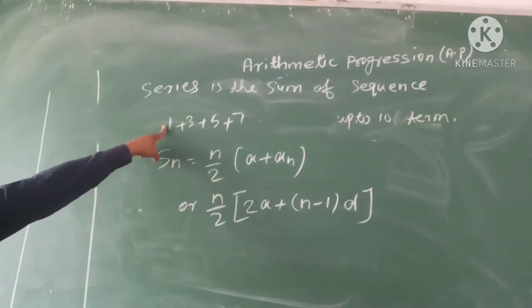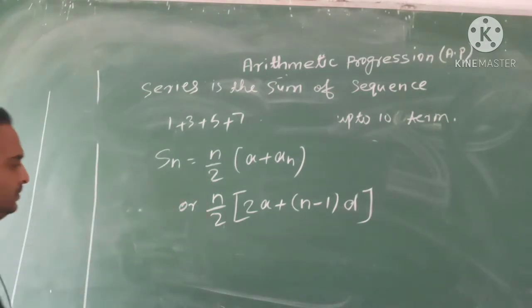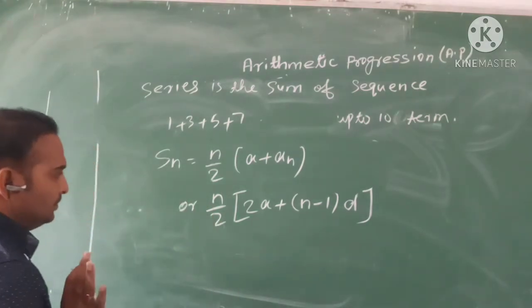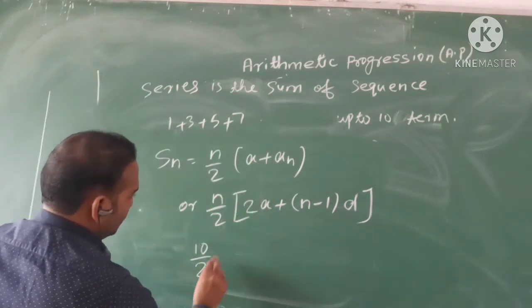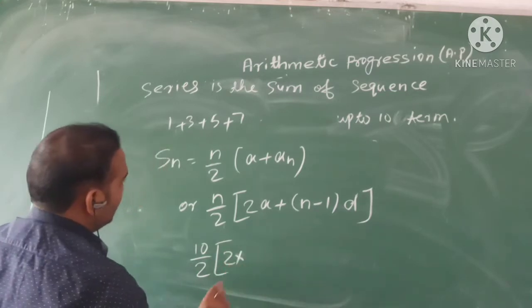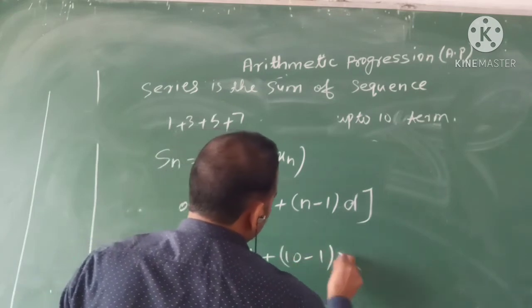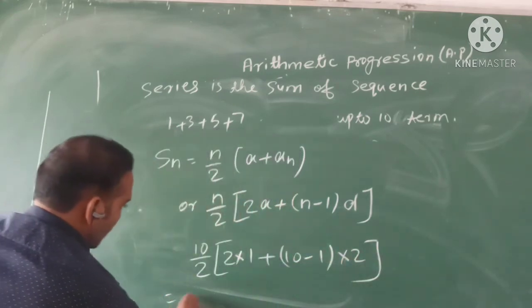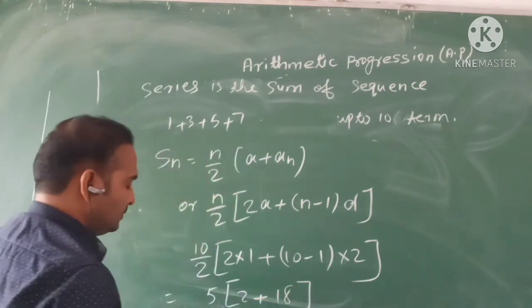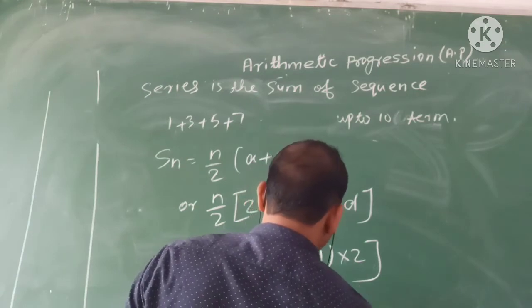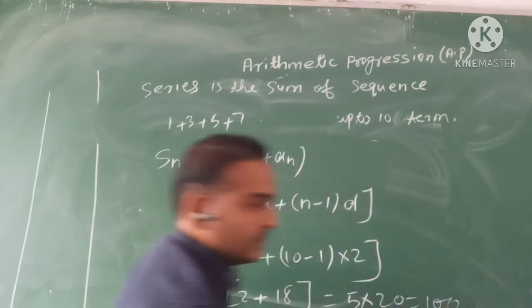Now here I will solve it by this formula, as we don't know the last term. N is 10, so 10 by 2 into 2 into 1, 2A plus n minus 1, and D is 2. 5 into 2 plus 18, that is 5 into 20, that is 100.